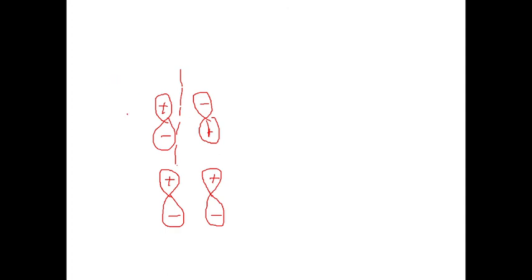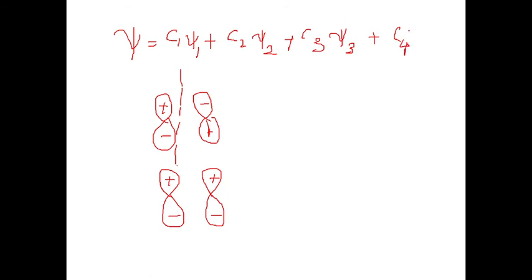Okay, for example, there may be a question like this. There is a four-atom system in which there are 4 atomic orbitals, and you are representing the molecular orbital as a linear combination of the atomic orbitals like this.